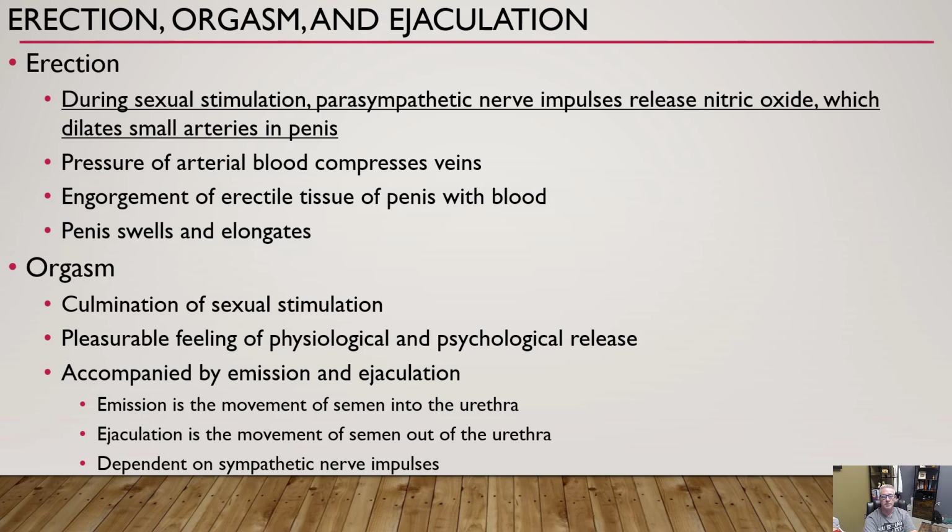So in this case, the parasympathetic nervous system is the part of the nervous system that takes control. When you are sexually aroused, your parasympathetic nervous system is going to be the primary nervous system.